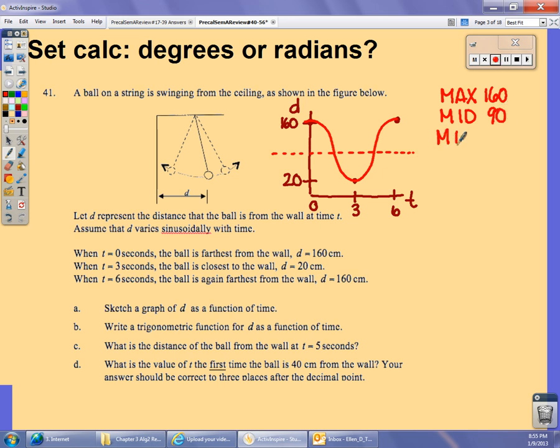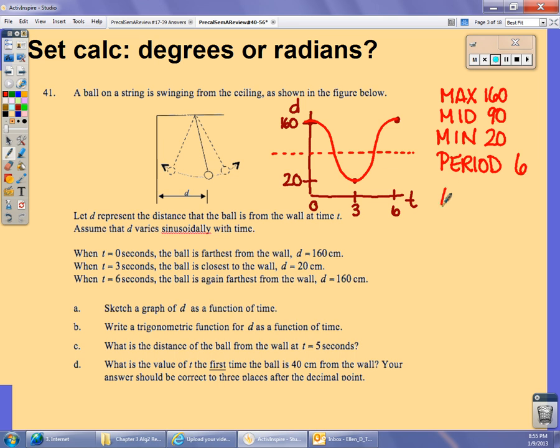Our minimum is 20. And the period, which of course is horizontally the length of one full cycle, here is 6 seconds.